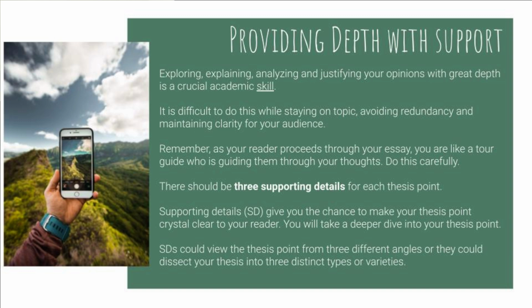Do this carefully. There should be 3 supporting details for each thesis point. Think of your essay as like a piece of pie with 9 pieces instead of, as I said, like a bowl of soup, okay? Each of the pieces will be 1 supporting detail, okay? And each every 3 pieces will be encompassed by a thesis point, all right?